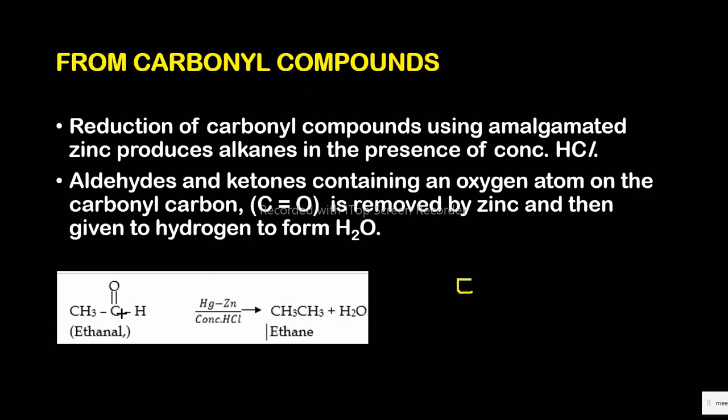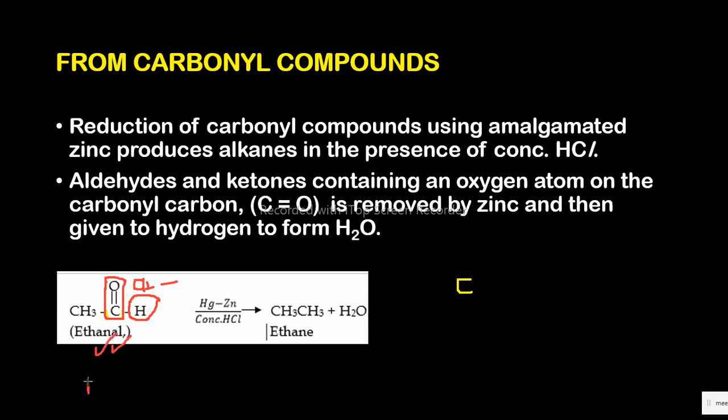So you can see, whenever you have oxygen directly bonded to carbon, like this, and this side is either H or an alkyl group, CH something, then that one becomes a carbonyl compound, and there are two.